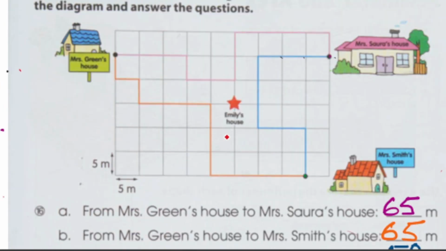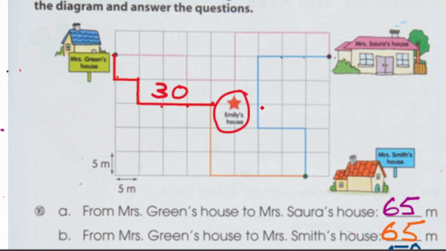Well, Emily is here. So if she goes to Mrs. Green, the route will be this one, then this one, and this one. So 5, 10, 15, 20, 25, 30.